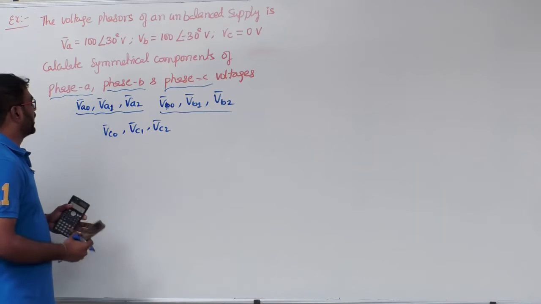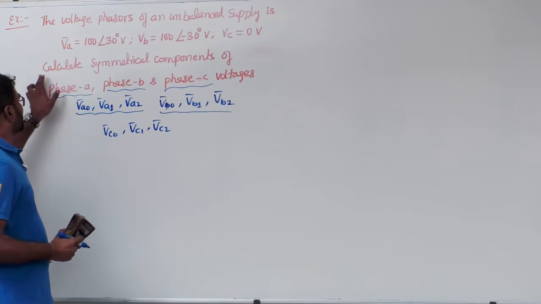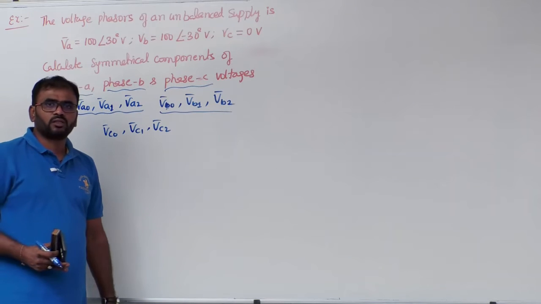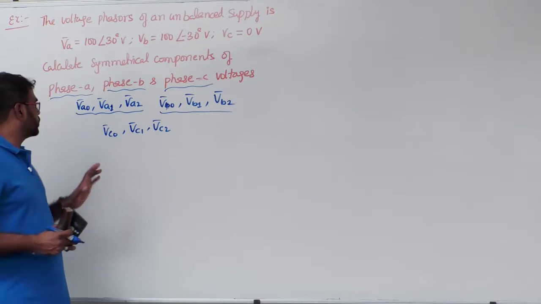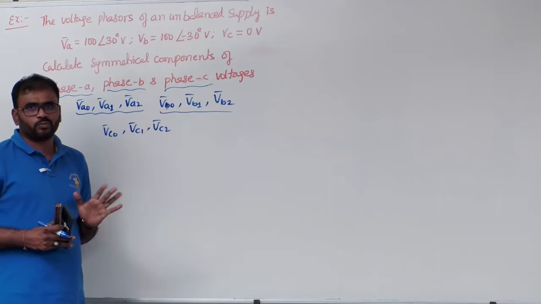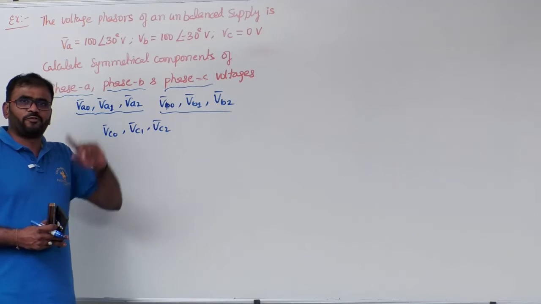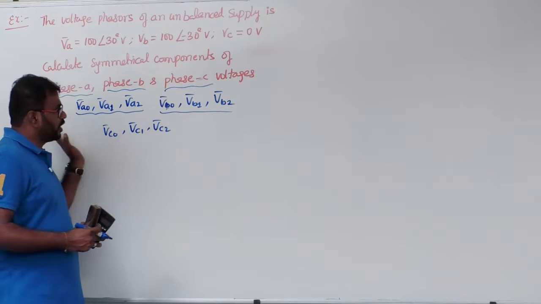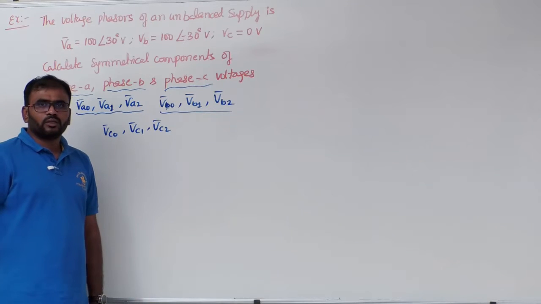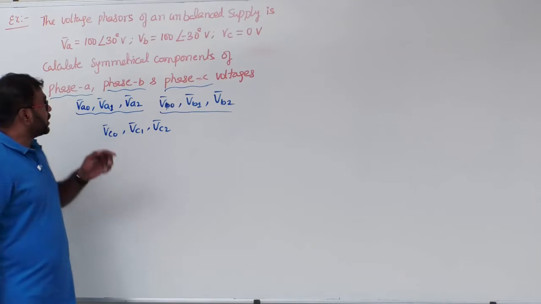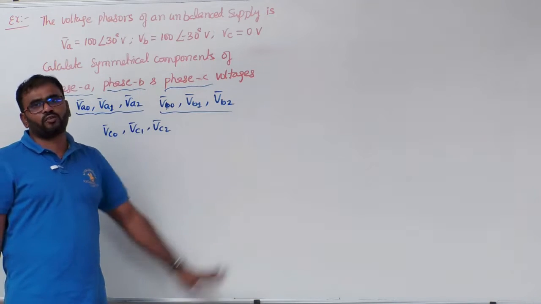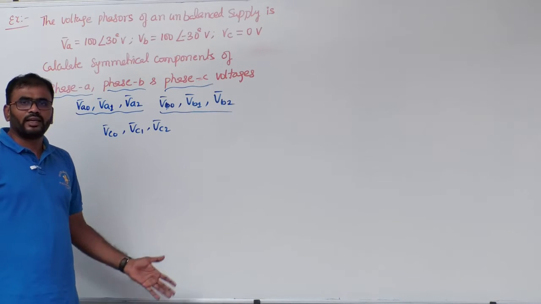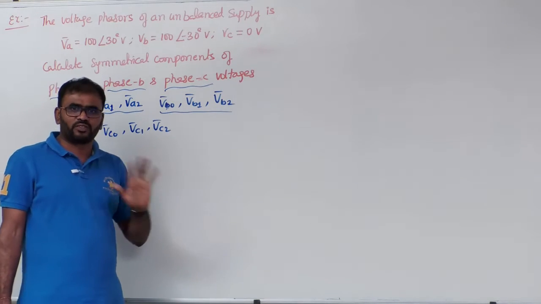Suppose he has not mentioned anything, he simply mentioned that calculate the symmetrical components of supply voltages. Then you need to give the answer for VA0, VA1 and VA2. But if you mention specifically phase A, phase B, phase C, you need to solve for the complete system. So be careful. Again, if the question says calculate the symmetrical components of voltages, then you calculate only for A phase.